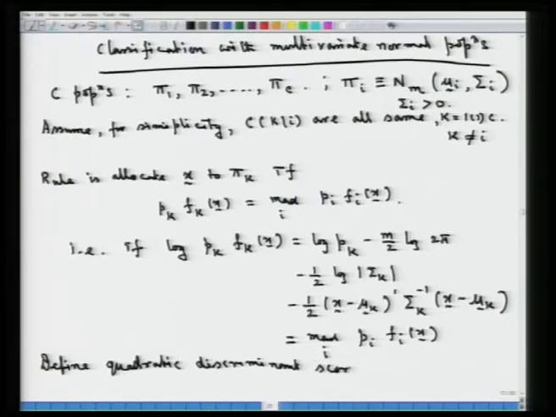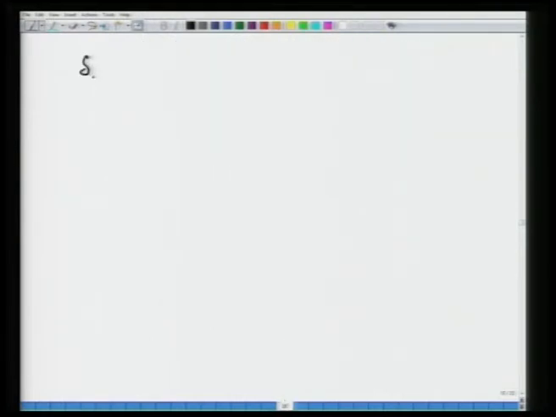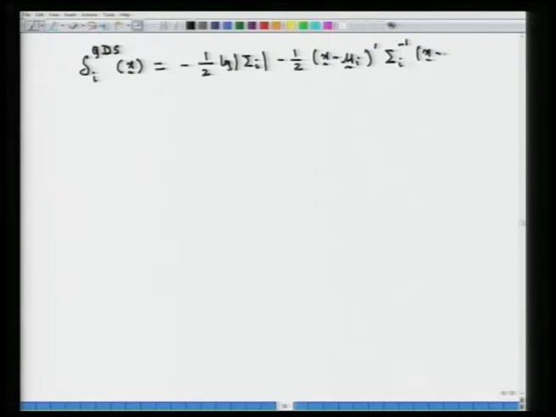Let us denote the quadratic discriminant score QDS for the ith population as delta_i, for this point x, equal to the quantity which actually matters: minus half log of determinant of sigma_i, minus half (x minus mu_i) transpose sigma_i inverse (x minus mu_i), plus log of p_i.